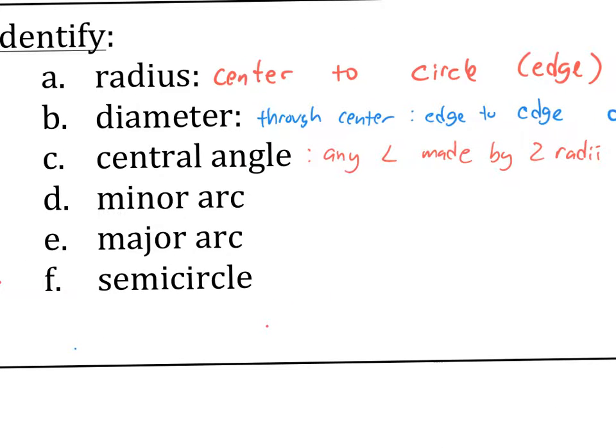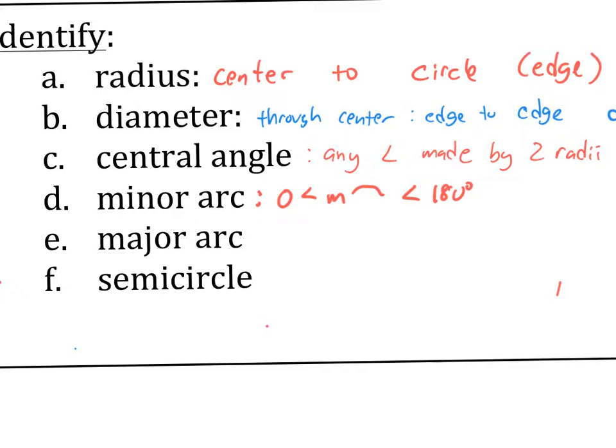First off, a minor arc is any arc that measures between 0 and 180, not including. I'll unpack what I mean by the measure of the arc in just a minute.